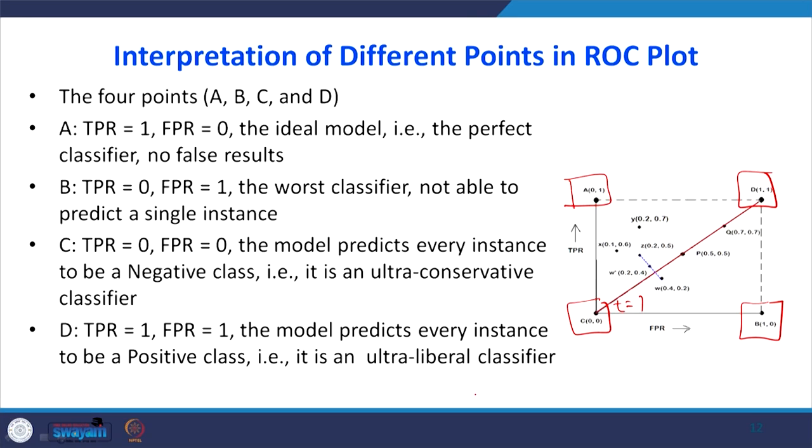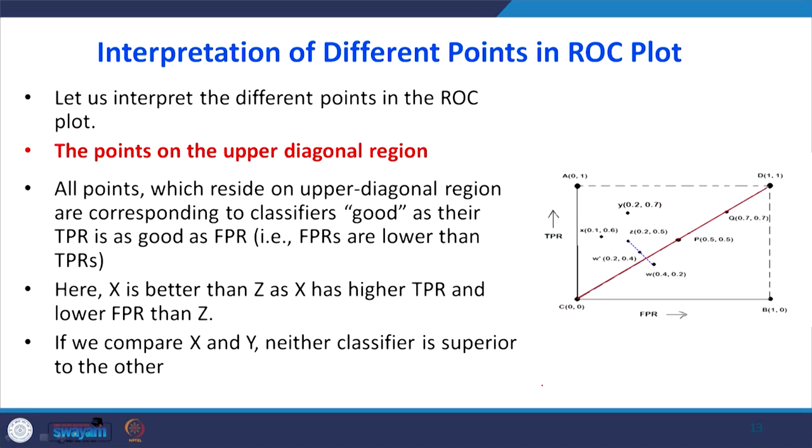The problem comes how to choose the right ROC value. Now look at different points inside the ROC curve. First we will look at the points on the upper diagonal region. All points which reside on the upper diagonal region correspond to good classifiers, because this portion is the good classifier. Their true positive rate is better than the false positive rate, that is, the false positive rate is lower than the true positive rate.